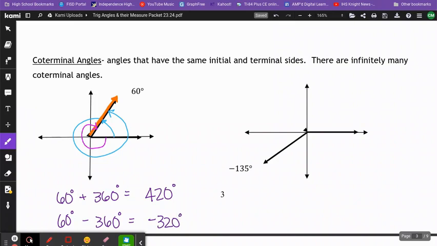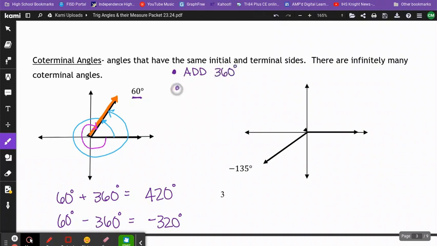So this has a lot of properties that can be helpful and that we can see important stuff later on down the line. But for now, the basics are, we don't need to make it overly complicated. The basics are, you're going to take the angle measure that they give you and you're going to add 360 degrees to it in order to get one coterminal angle.